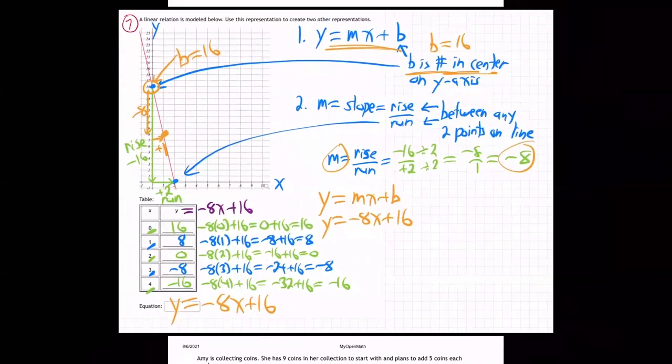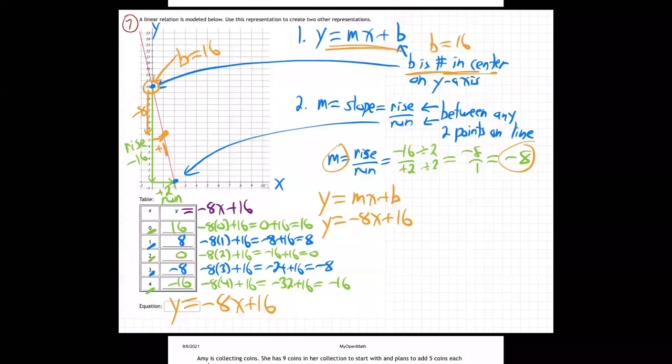So one more time. First thing is we got to get the equation. Y equals mx plus b. That's the form of the equation. And how do we get it? Well, the number at the back, b, is the number where it hits on the y-axis, on the center line at up 16.